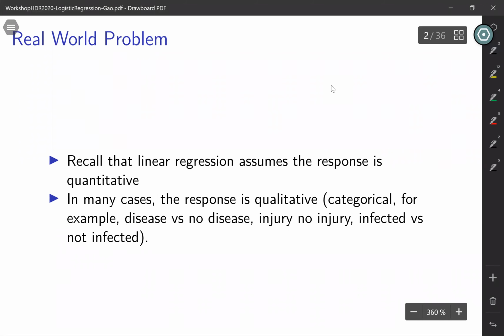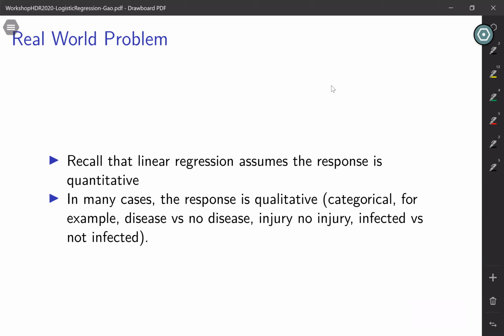So the real problem is, probably most of you know linear regression, right? In ordinary linear regression, we assume the response variable, that's the y, is quantitative, it's numerical. But in real life, there are many situations where the response variable is qualitative, it's categorical.